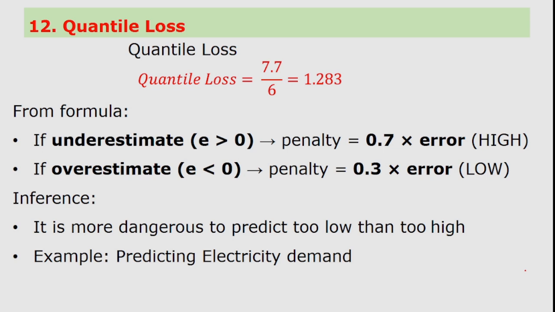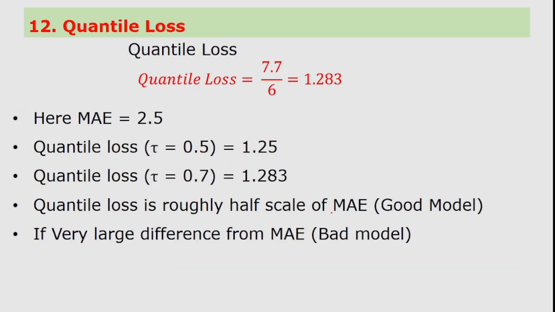What does that 1.283 indicate? For example, in the same problem case study, we got an MAE of 2.5, but for our case, for quantile loss with tau considered as 0.7, we are getting a quantile loss of 1.283. So it is about half the value of MAE.